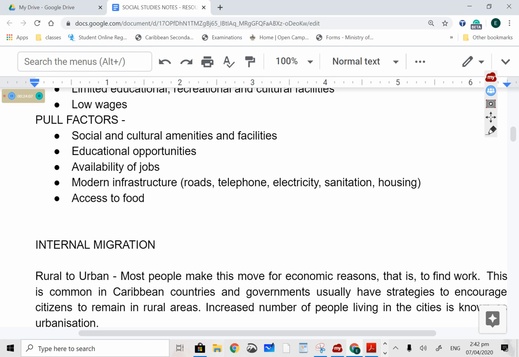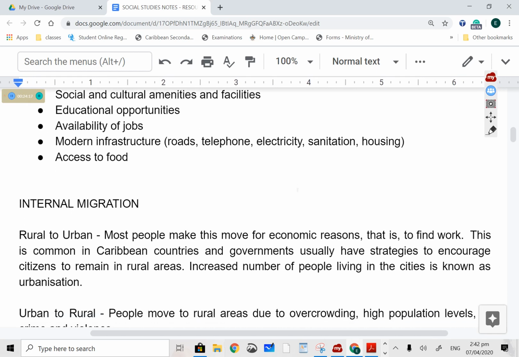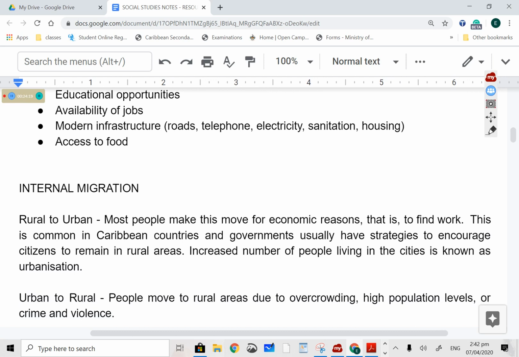Okay, modern infrastructure like roads, telephone, electricity, sanitation, and housing. There are people who actually move to different areas to gain access to these things. Modern infrastructure, right? And access to food. There are people who move from one country to the next because they have no food, right?